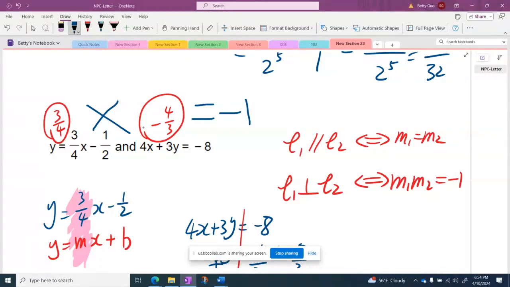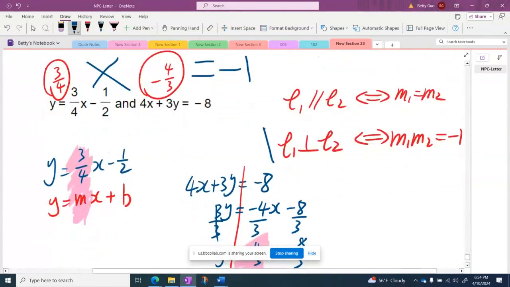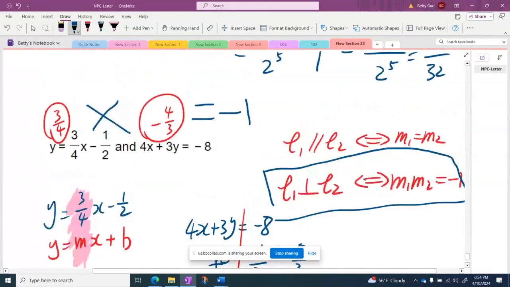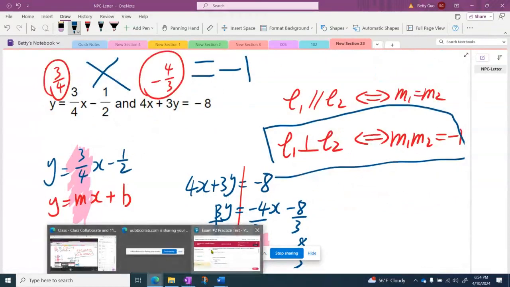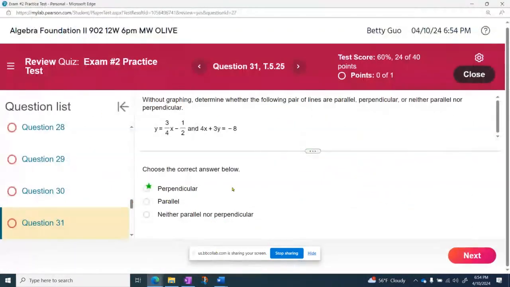This is positive, this is negative. On top of that, this is 3 over 4, and that is 4 over 3. If you multiply them together, you must have negative 1. So that's how we know the two straight lines are perpendicular. We should choose perpendicular, right? Perpendicular.